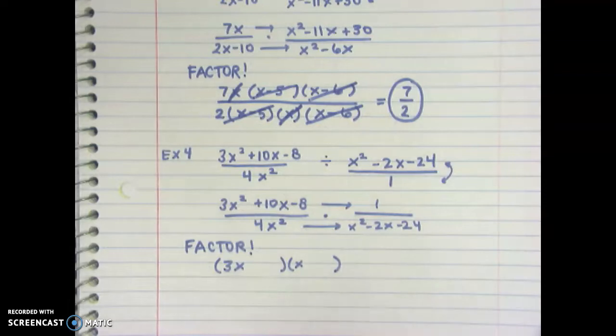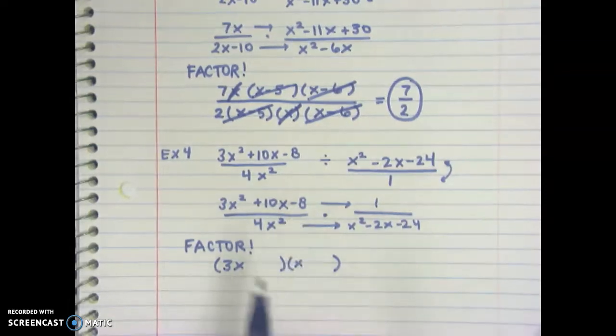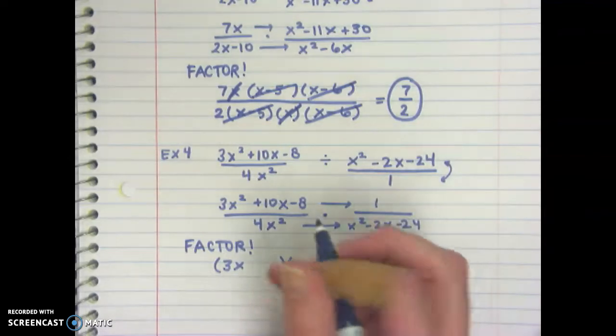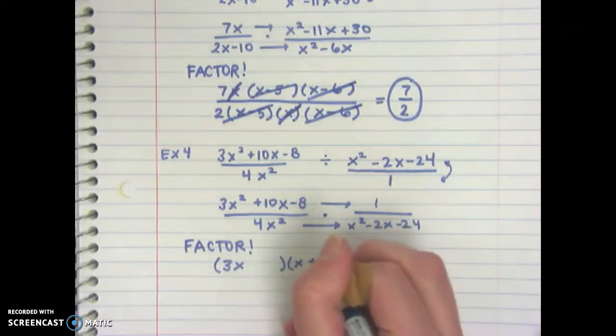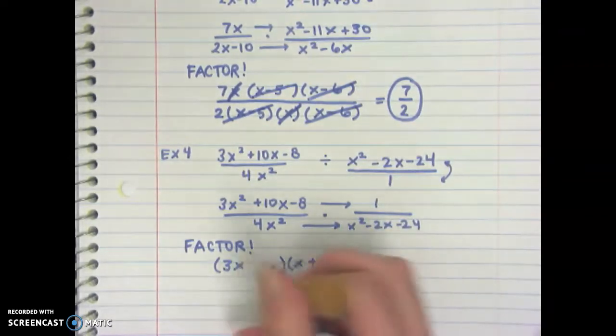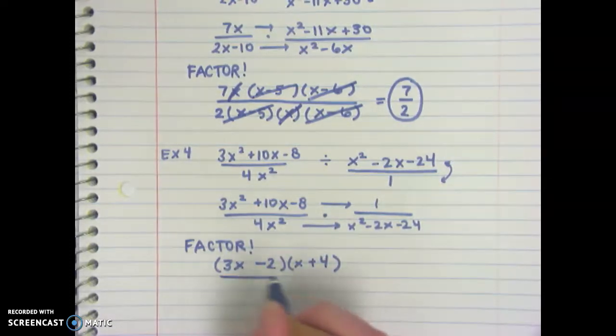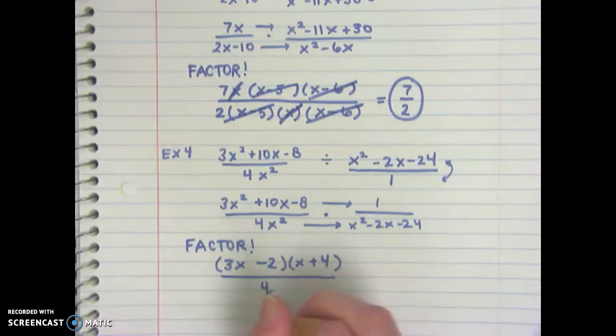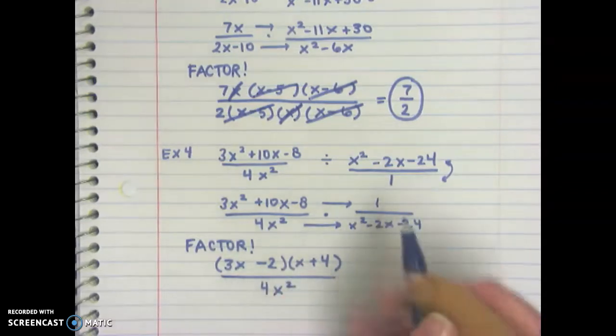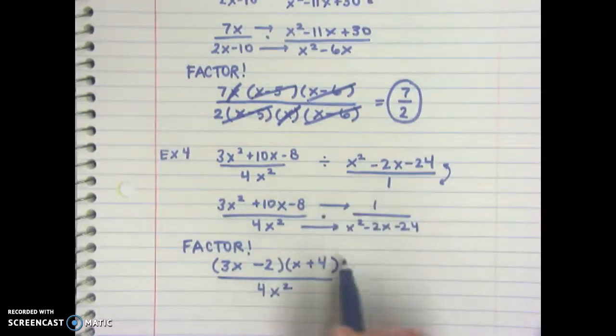Now I have to think of two numbers that multiply to negative 8 and add up to 10 when one of those two numbers is multiplied by 3. And that would be positive 4, negative 2. Over 4x squared. And I multiplied by 1, which doesn't affect that numerator, so I left it the same.